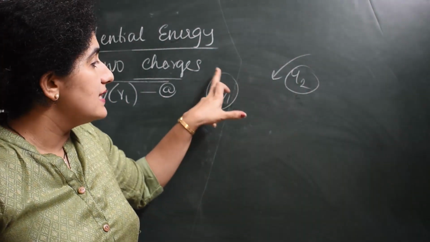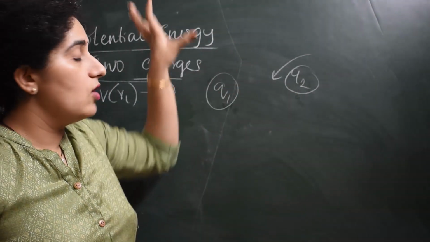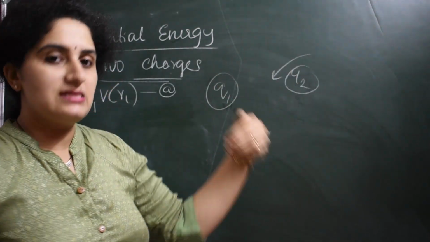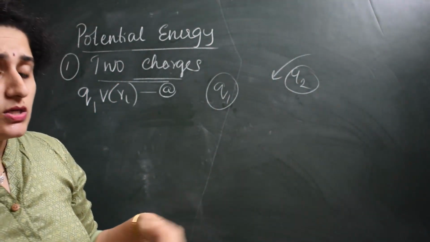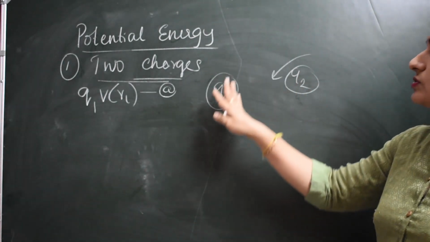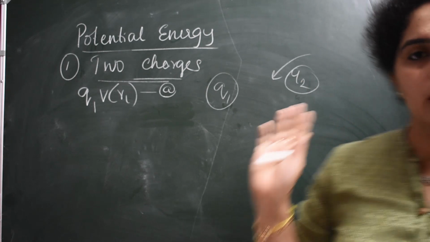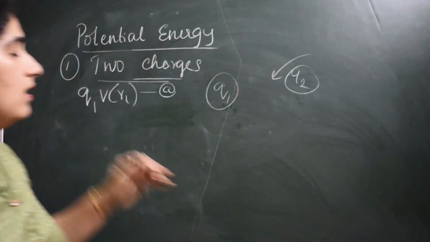Why? Because this Q1 is already in the external electric field, and that will always oppose bringing some more charges. So you have to do some extra amount of work in order to bring Q2 to a point which is at a distance of R2 from Q1. I hope this is clear.